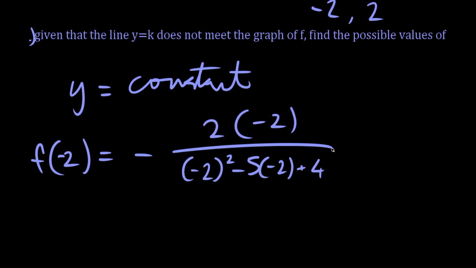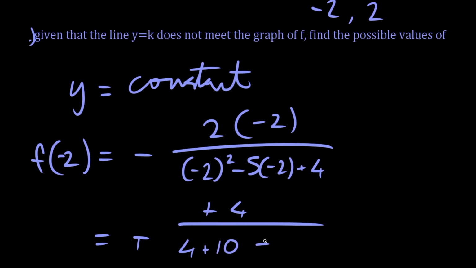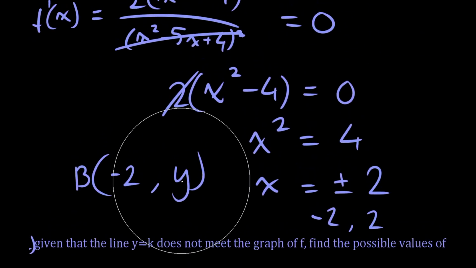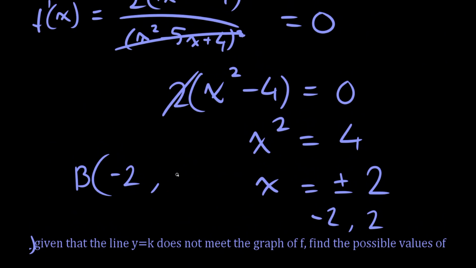If we evaluate this, we're going to get -4 over 4 plus 10 plus 4. This is equal to 4 over 18, which is 2 over 9. Sorry, shouldn't box that. That would mean it's the answer. So our b coordinate is -2 and 2 over 9.